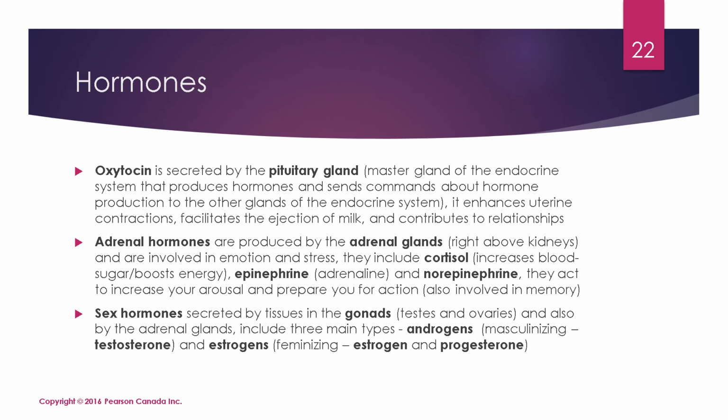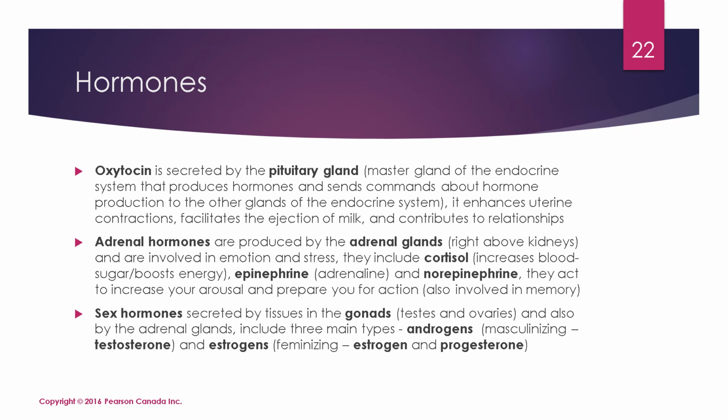So the pituitary gland is like the boss of the whole endocrine system. It produces oxytocin, and oxytocin can enhance uterine contractions during labor. It facilitates the ejection of milk during breastfeeding of a child, and it also contributes to relationships. Like I said, it has been highly implicated in attachment and forming relationships and bonds.